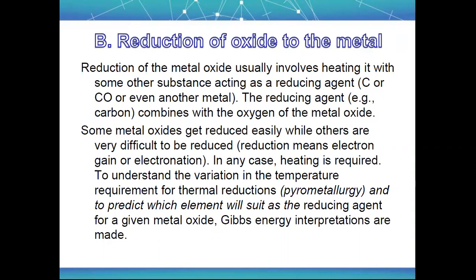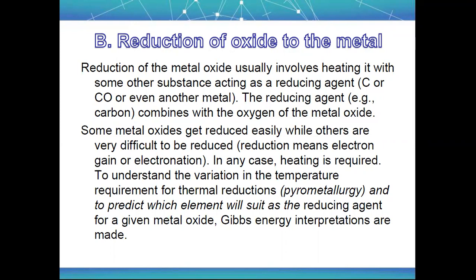The reducing agent, for example carbon, can combine with the oxygen of the metal oxide and form carbon dioxide. We require a strong reducing agent so that it can combine with the oxygen which is earlier present with our main metal and take it away. After that, we obtain a pure metal.